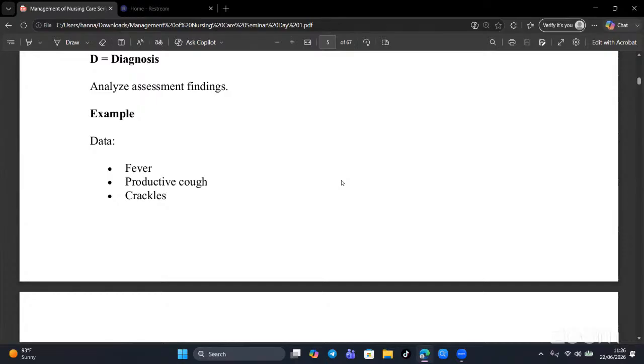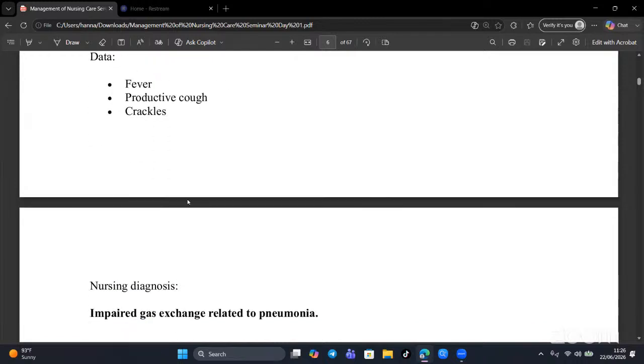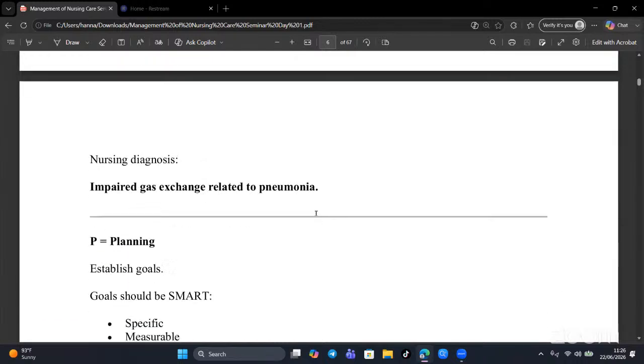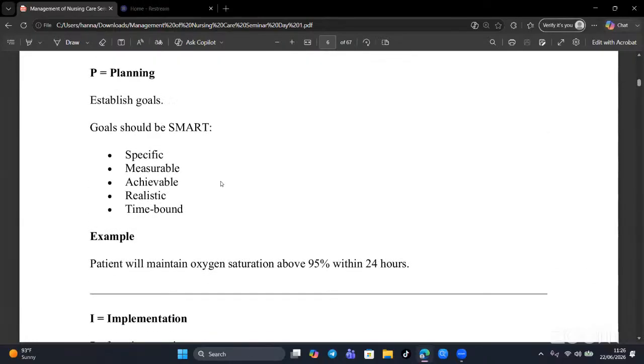If you don't do assessment, you can't know the nursing diagnosis. Some of the data we collected were fever, productive cough, crackles. Then we will do our nursing diagnosis. After diagnosis, we plan.